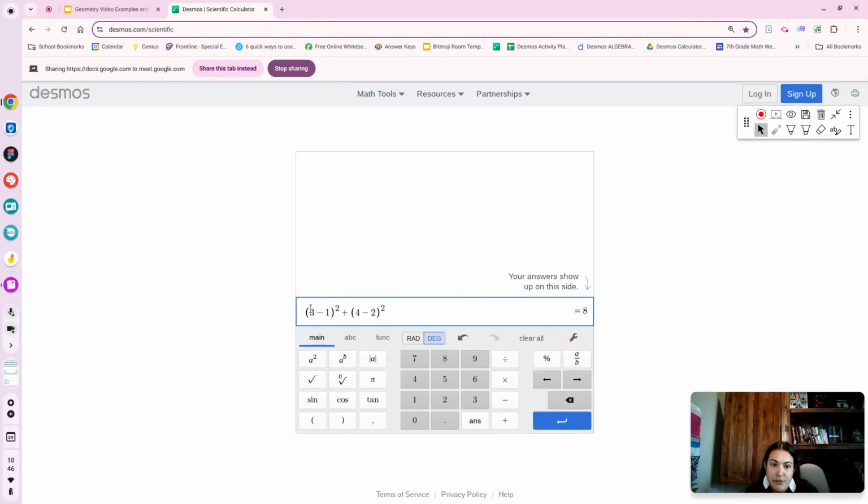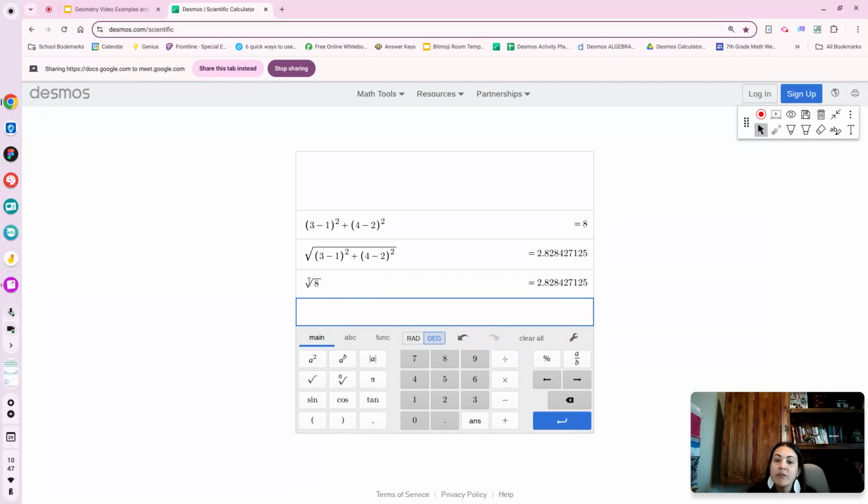Okay, you also can, from the very beginning, put in the square root, and then type it all out, and it will give you the decimal version. I'll show you that that is equivalent. See, the square root of 8, which is what we got, is 2.828427, yada, yada, yada.